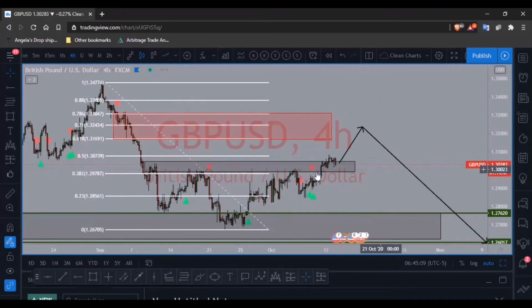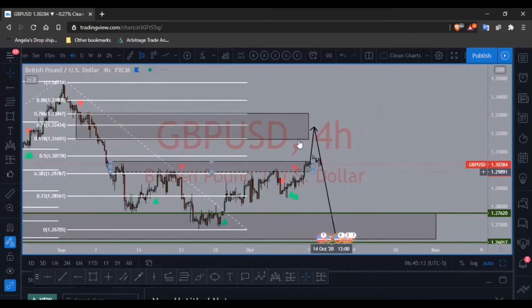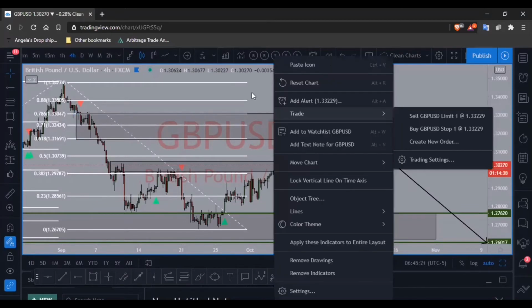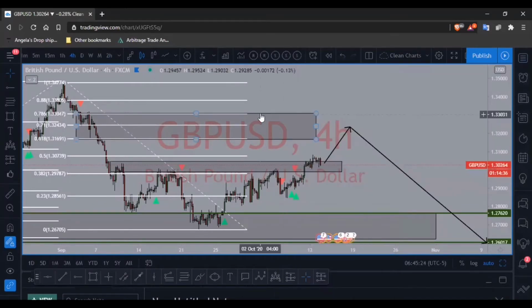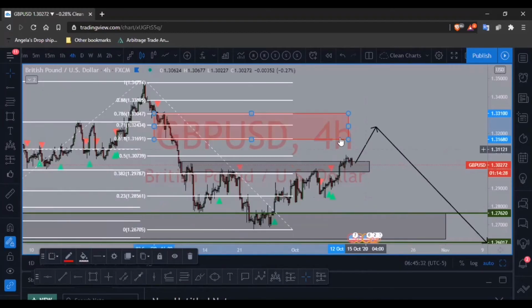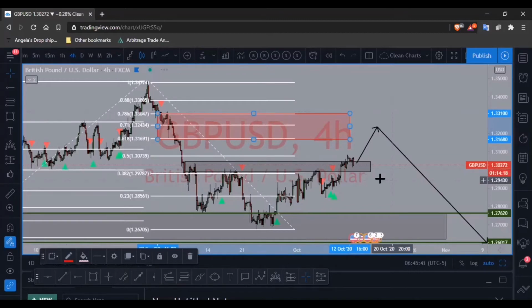I still want to see this 4 hour move come to the upside and reject my sell box, which I don't know why this is not red. There we go. I want price to come back up here to this zone and reject off of it anywhere between the 61.8, 71 and 78.6 fibs to keep dropping to the downside. That's what I'm looking for with a GU.